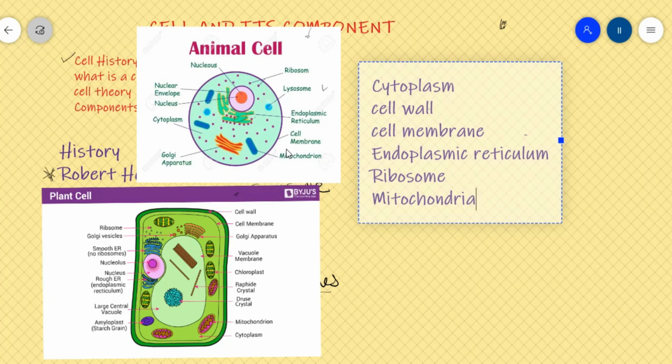It's called the powerhouse simply because this is where respiration and other key activities take place. They are actually the center for cellular respiration, in which food is oxidized to release energy for the activities of the cell. That's the reason why it is called the powerhouse.